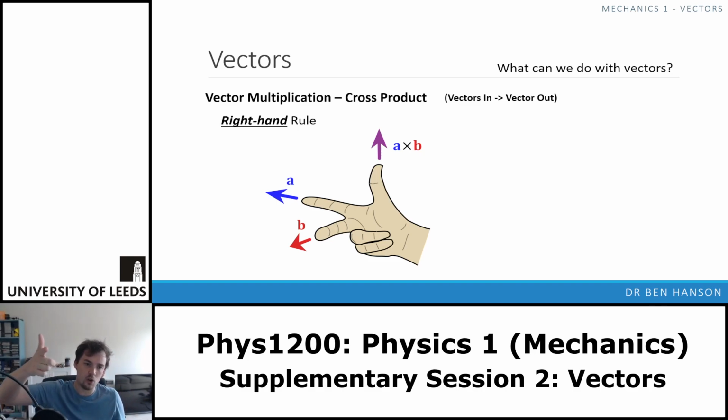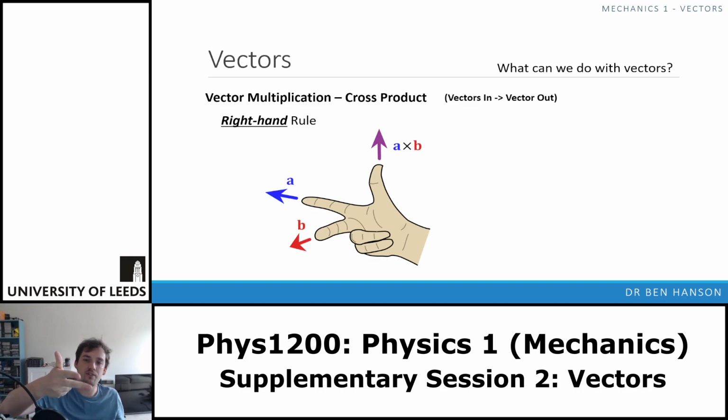If I put my forefinger in the direction of A, the first vector, and my second finger in the direction of B, then my thumb will point in the direction of A cross B. So if that's X and that's Y, then my thumb is Z. So that's how we work out which direction the cross product of two vectors will point in.